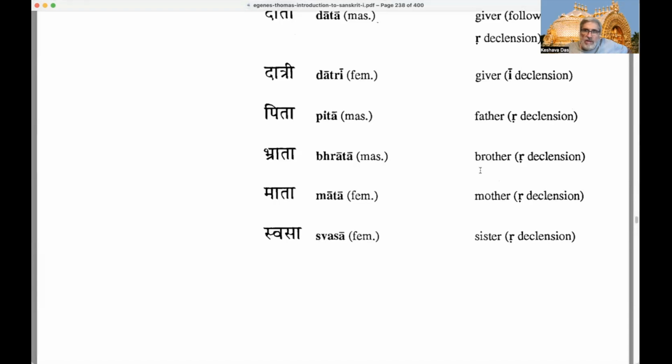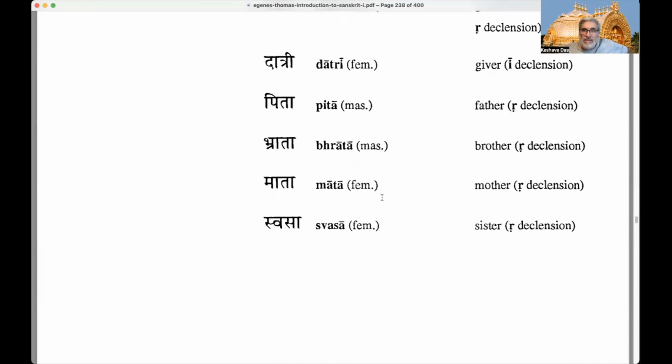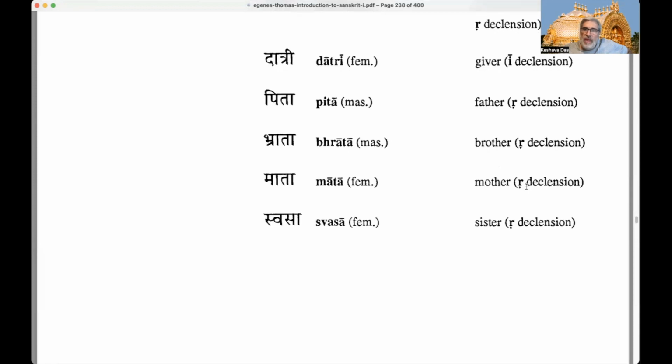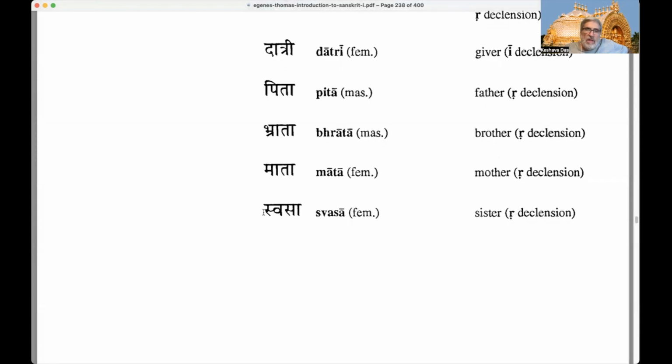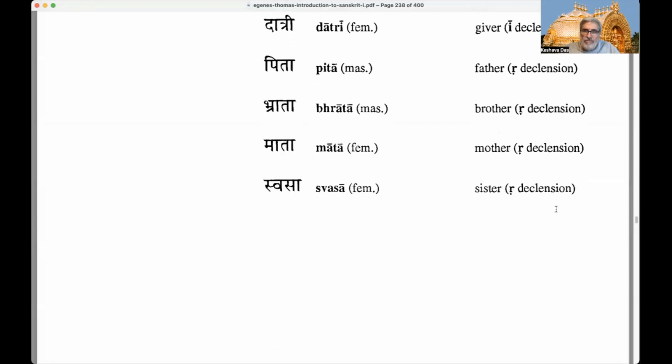Then we have mata, which is the nominative singular of the feminine noun matri, ri-ending, meaning mother. And svasa, which is the nominative singular of svasri, which means sister, also ri-ending.